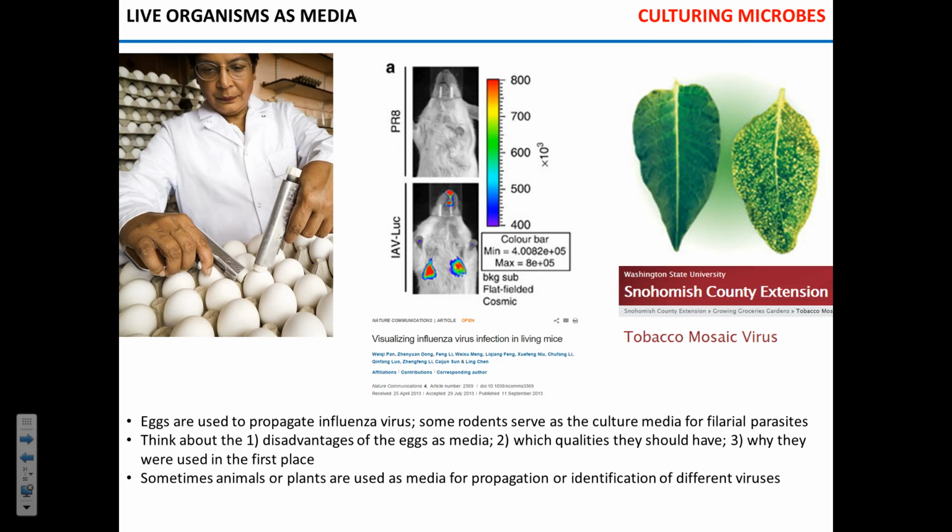Live organisms. In some cases, use plants. This is the leaf of tobacco infected with tobacco mosaic virus, and on the left is the leaf without infection. You may think about plant viruses and plant infections as being kind of inferior. Let me tell you something.